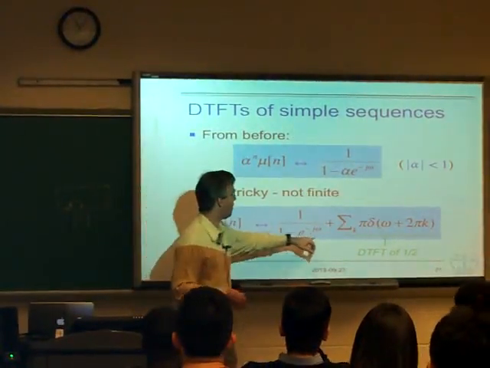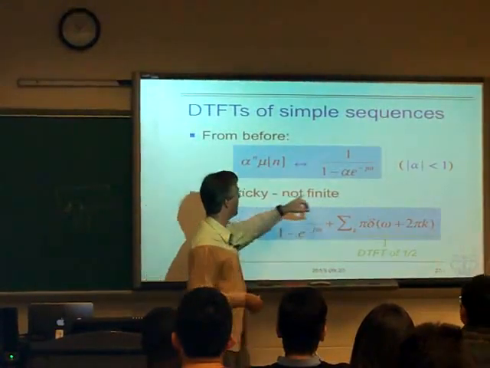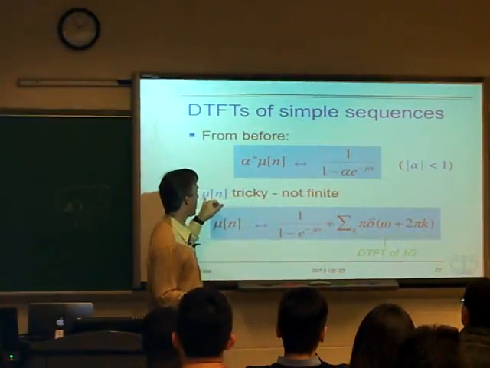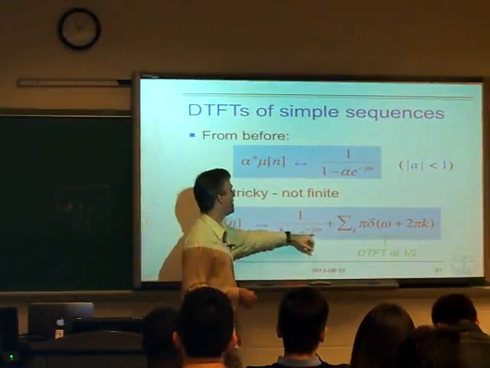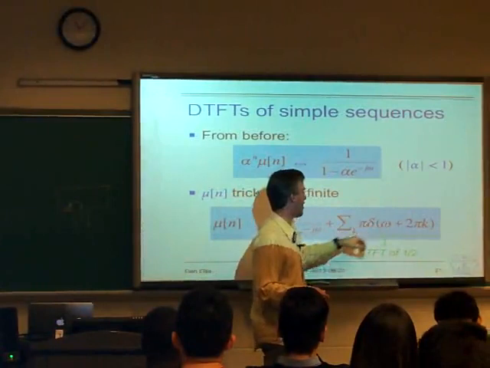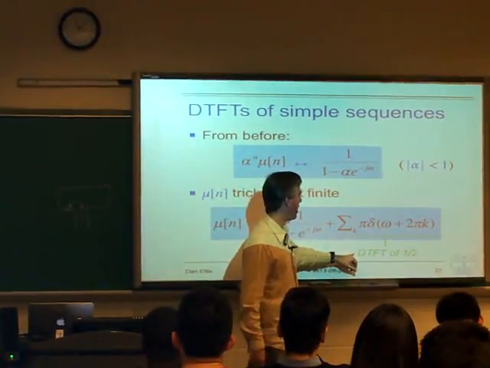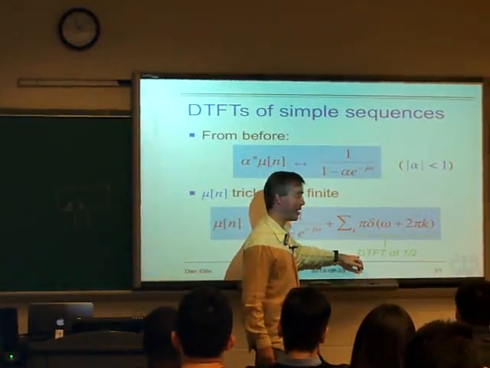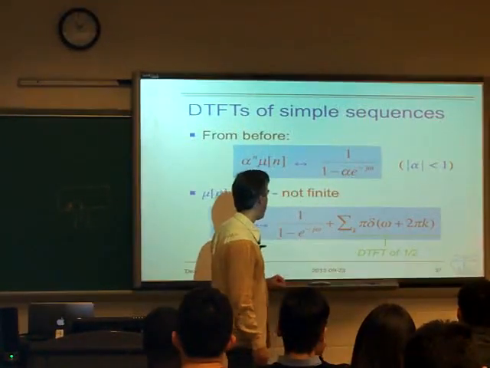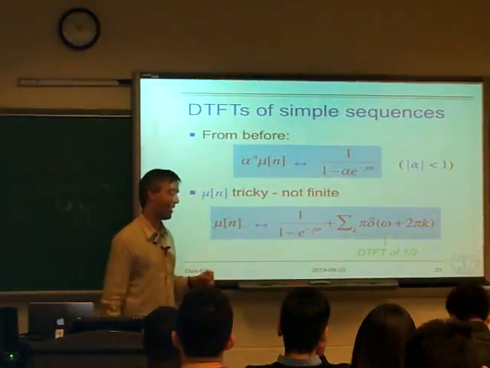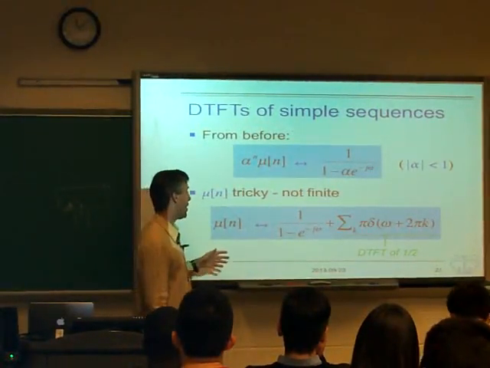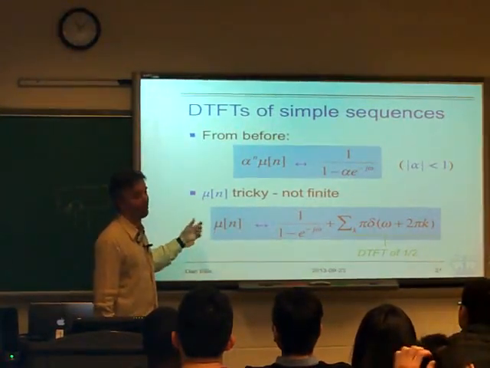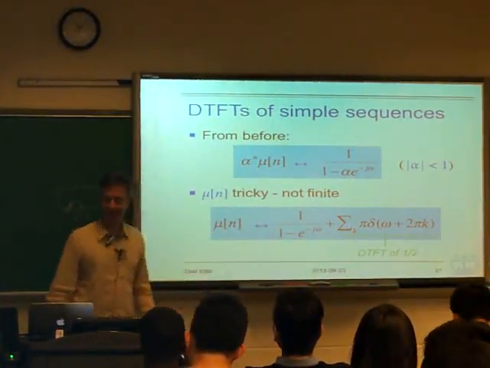This is the part that you'd get if you substituted in alpha equal to 1, which would give you just mu of n alone. But it isn't this. There's also this term in here that comes out, which if you look at it is actually the DTFT of a constant value, x of n equal to 1/2. I don't have a good answer as to why that works out, but that's the equation they have in the book. It doesn't really matter, but since it exists, I give it to you there.